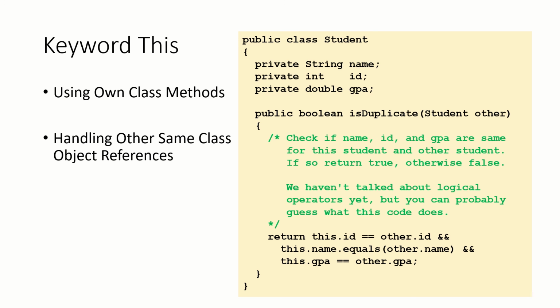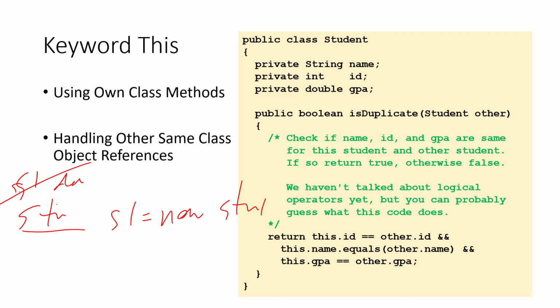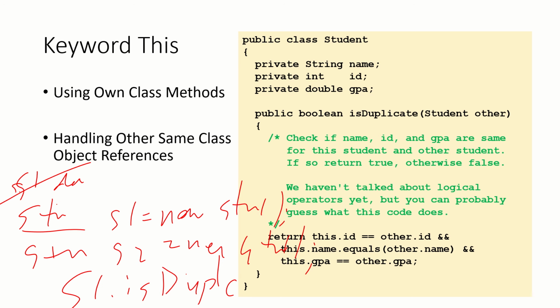For example, here, Student S1 is a new Student, and another Student S2 is a new Student. S1 dot isDuplicate with S2.